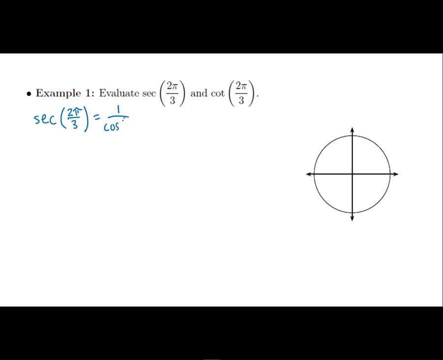So it's 1 over the cosine of 2 pi over 3. So let's find 2 pi over 3 here on the unit circle. So if I broke pi, which is half the circle, into thirds, it'll look something like that. So there's pi over 3, 2 pi over 3 is here.